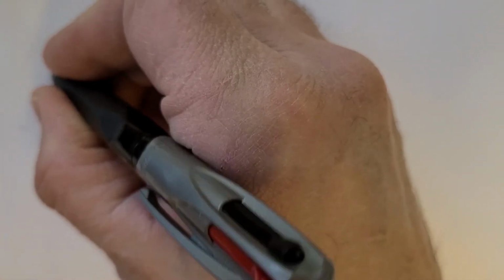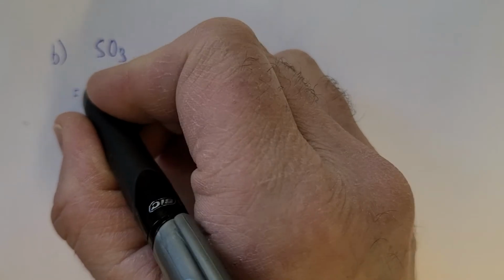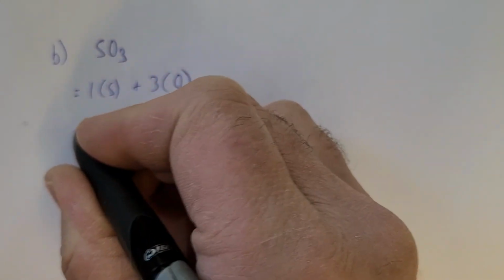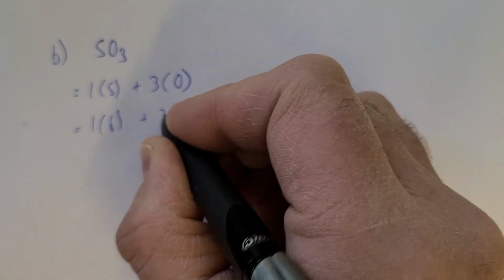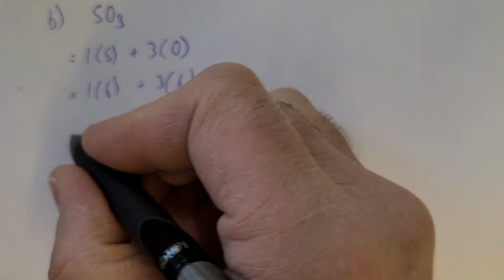All right, if we look at the next one, I don't have my sheet, but I think it's SO3. So if we work that out, sulfur is a group 6. Oxygen is also a group 6. So that's the scenario we're going to be dealing with there.